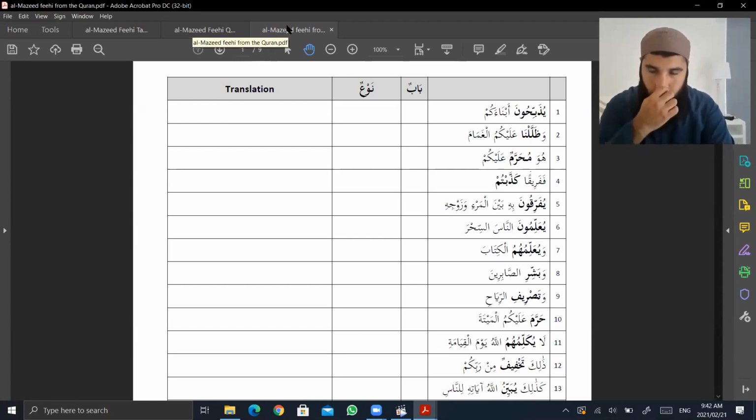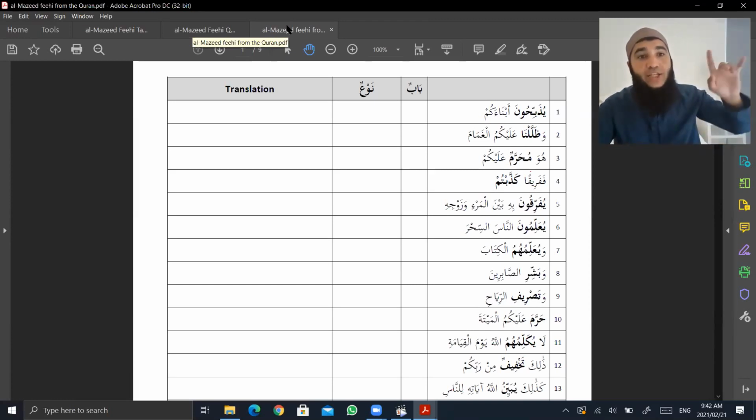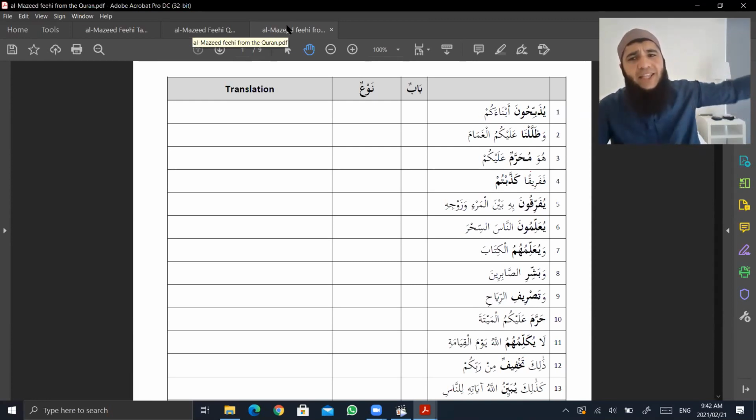Right. Then I'm just a bit confused about who is the doer then when you use that causation. Is it an external doer that is causing the separation, or is it that they, the una? The una, it's the una. Okay. The una is causing. So yufarriquna, they are causing. In terms of the context, they have to be mentioned before, right? We don't use pronouns unless we have a doer mentioned before.